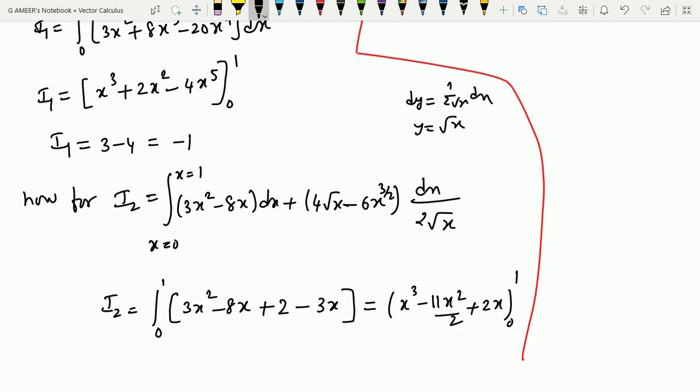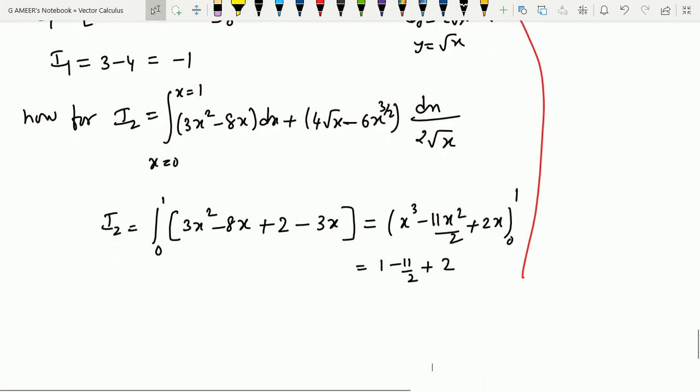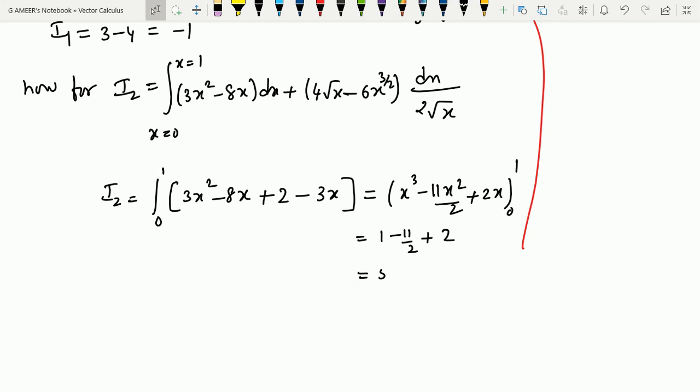Only the upper limit contributes, the lower limit will not contribute. So 1 minus 11 by 2 plus 2. That will become 3 minus 11 by 2, 6 minus 11 by 2, which means 5 by 2. The answer will come as 5 by 2.